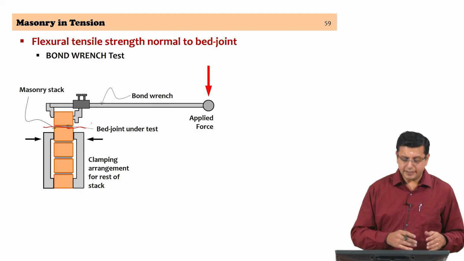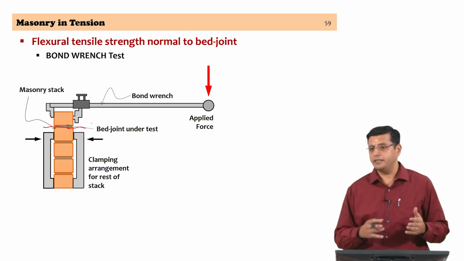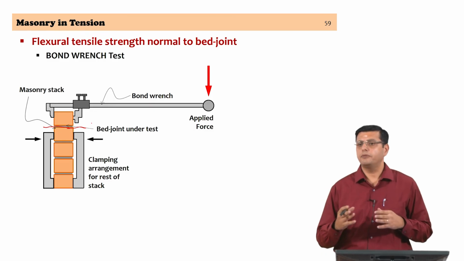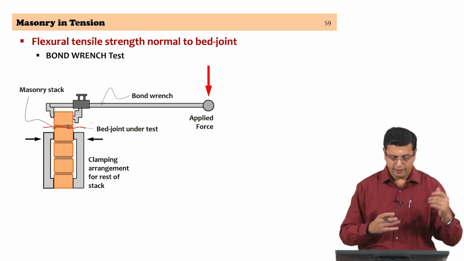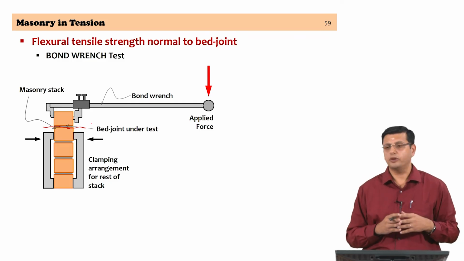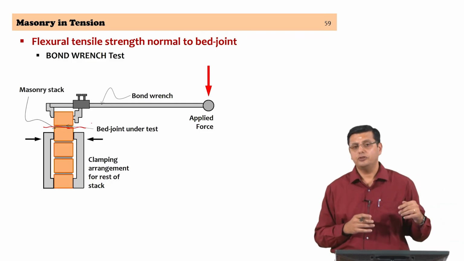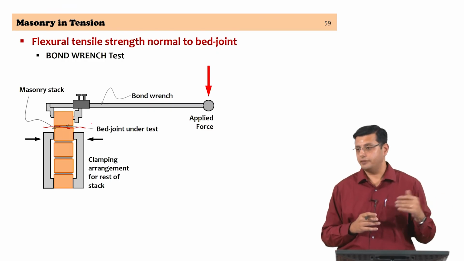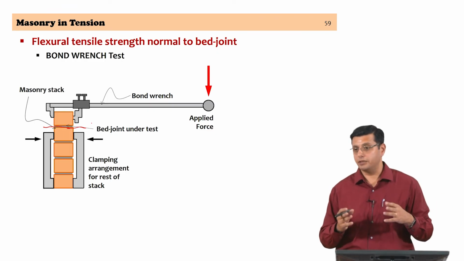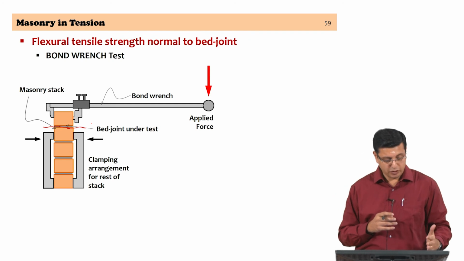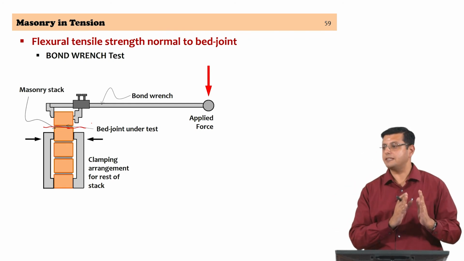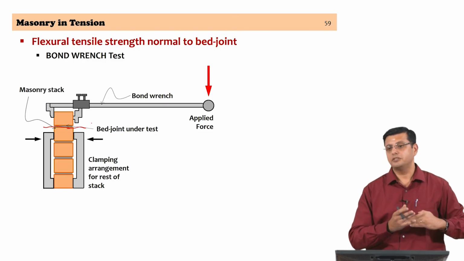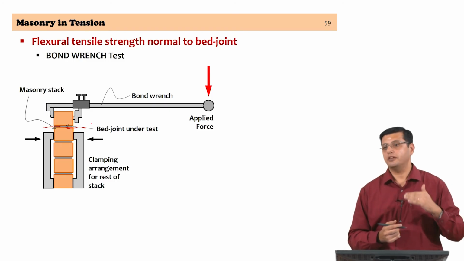It is an interesting test. We do not have an Indian standard that deals with this, but we do have the ASTM standards and some other codes that give a system that you can follow for the bond wrench test. You are required to do at least 12 such tests, because of the variability. Now, as you can see, if you can change the clamping arrangement, you can use the same stack and keep shifting the joint that you are actually examining.